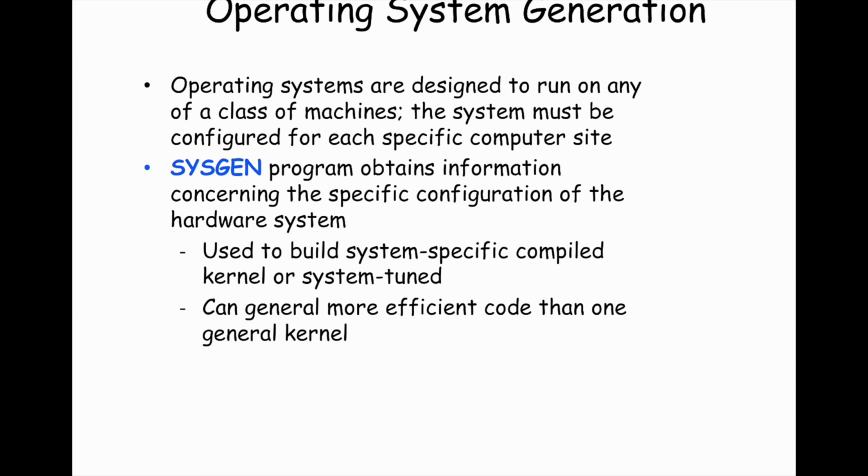So the sysgen builds system-specific compiled kernels, and it also can generate much more efficient code, because you don't want to install a block device if you don't have a block device. If you have a character device, you want to install the code for a character device and use that to build your operating system. Now, this is very related to something like autoconf and configure.